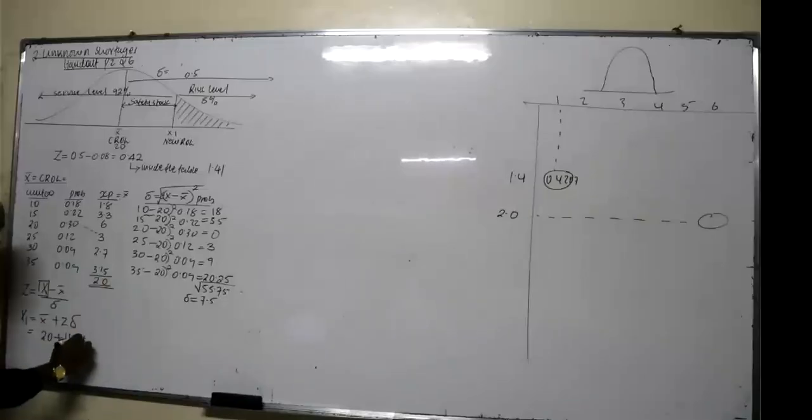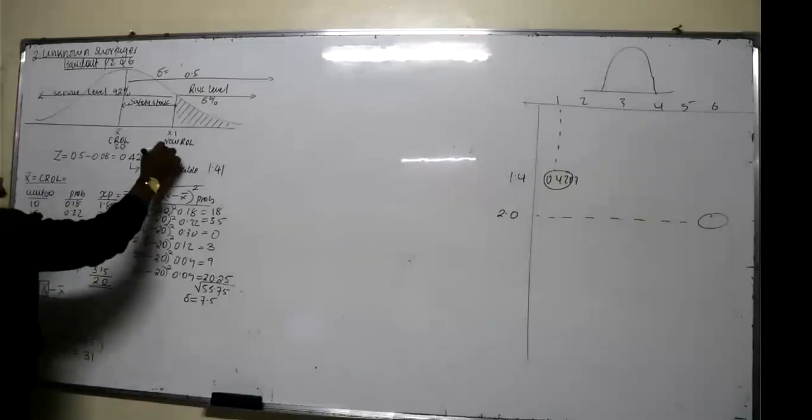Standard deviation is 7.5. So therefore it will be 20 plus 1.41 times 7.5, which gives 11. So that means our new reorder level is 31.